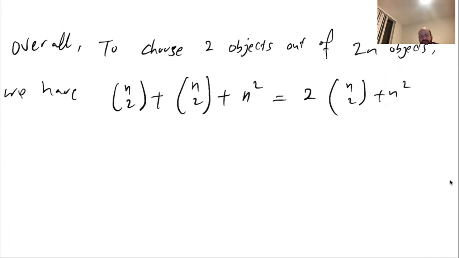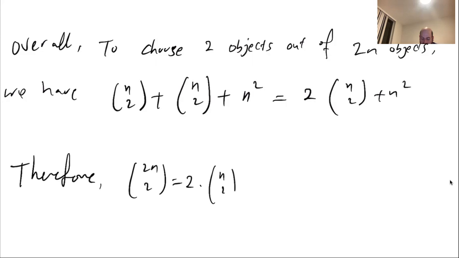So we showed that the left-hand side is the number of ways to choose two objects out of 2n objects. The right-hand side is also the number of ways to choose two objects out of 2n objects. Therefore, we can conclude 2n choose 2 equals 2 times n choose 2 plus n squared.